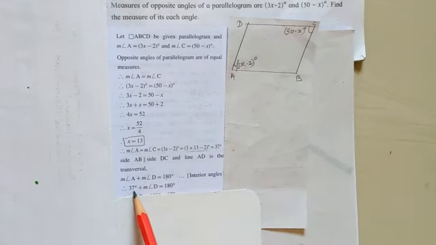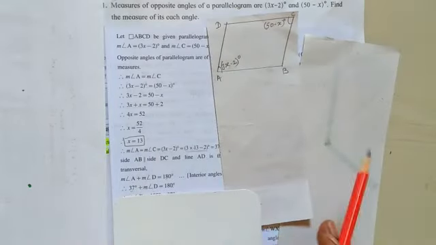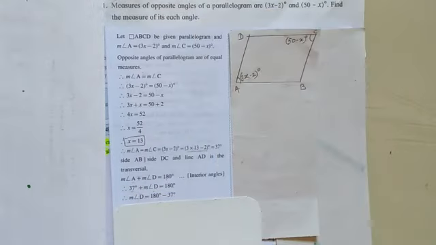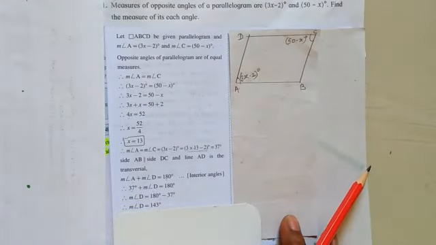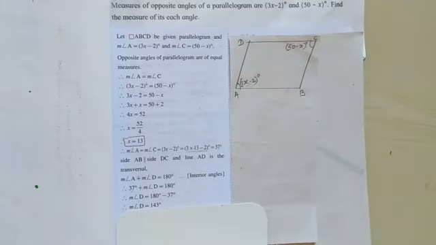Now as we know the measurement of angle A is 37, we don't know D. So this 37 degrees is adding here, so while going to the opposite side, it is going to be subtracted. So 180 degrees minus 37 degrees. Therefore the measurement of angle D is equal to 143 degrees.